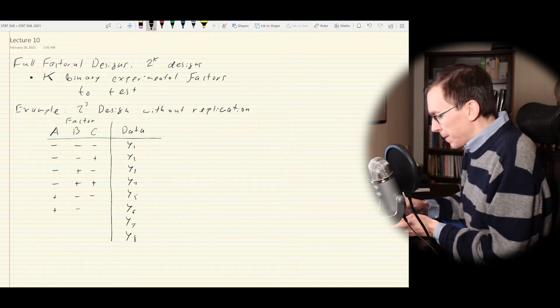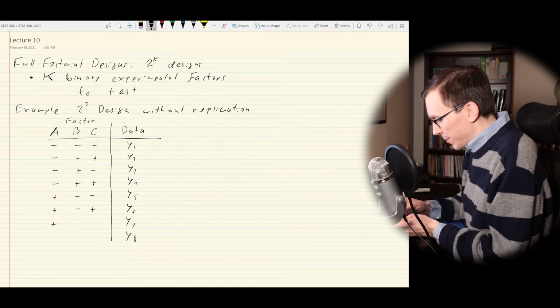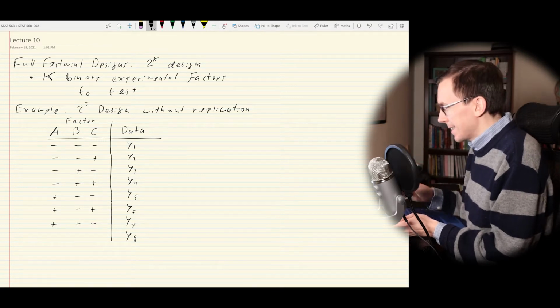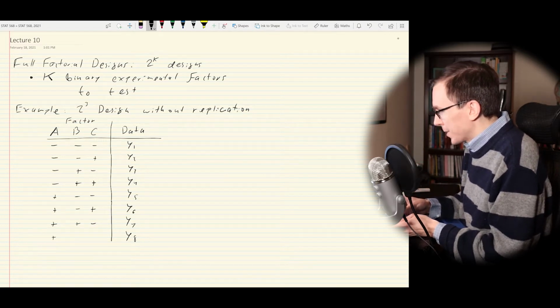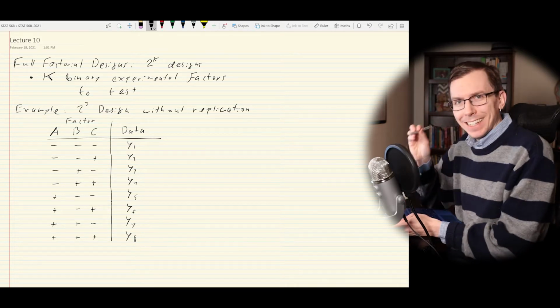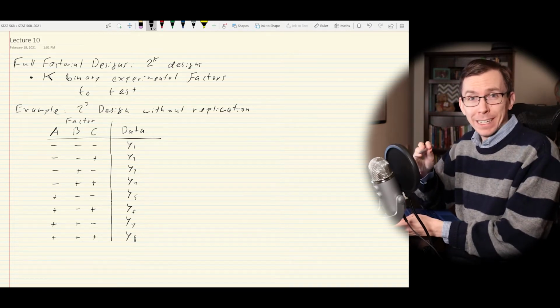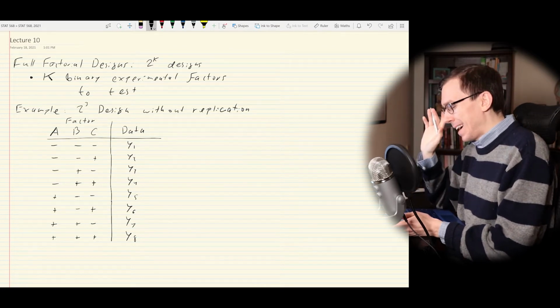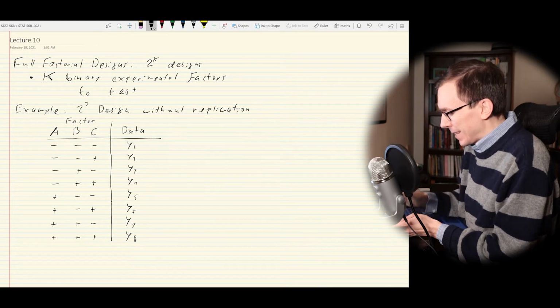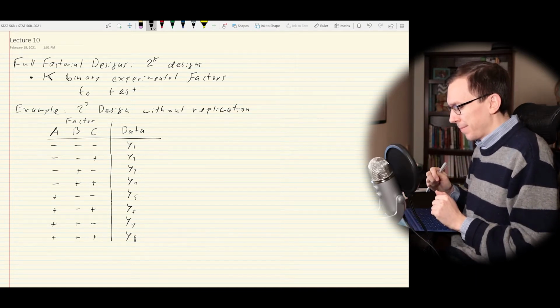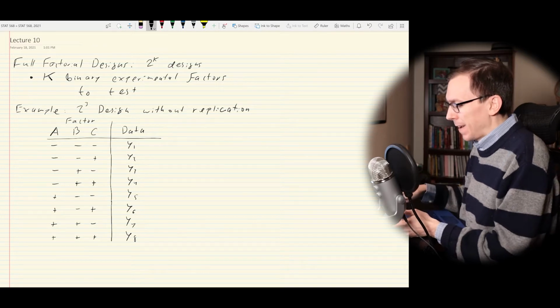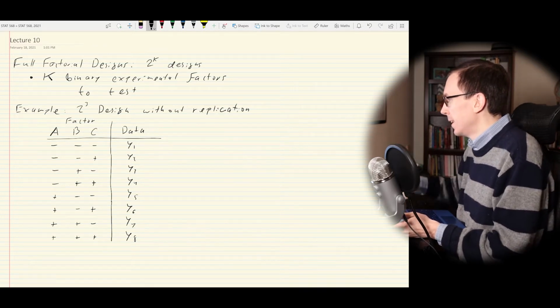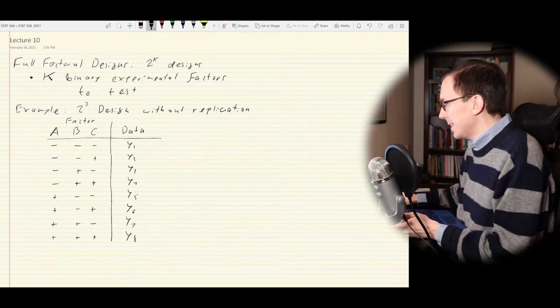They're just symbols, but for convenience, and also for a little bit later when we look into things like confounding and aliasing, this notion of plus or minus 1 will be nice, because there's actually going to be this interesting connection to the mathematics of group theory coming up in a moment. Well, maybe next lecture, but for the time being, we're not going to worry about that. We're just going to have our basically binary values for our factors. Right, so this would be the rough idea.